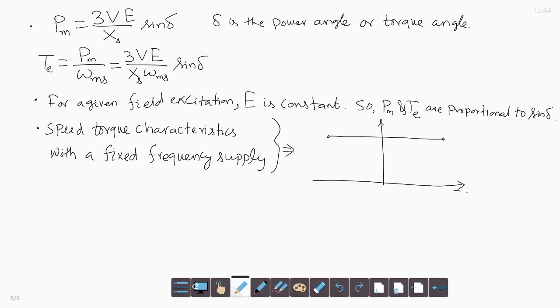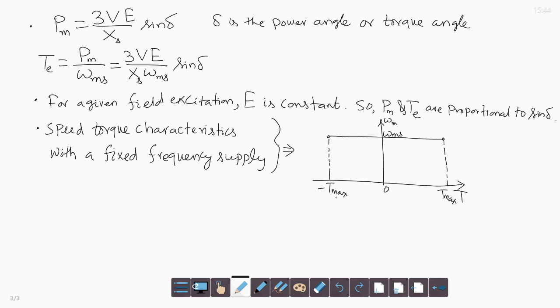This is the torque axis and this is the maximum torque, and this is the omega m axis, speed axis, and this is the synchronous speed, and in the opposite direction this is minus of T max.